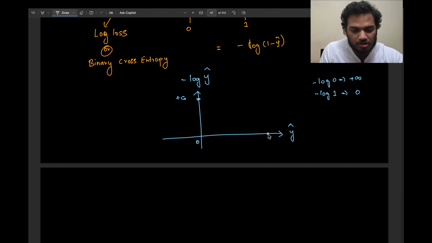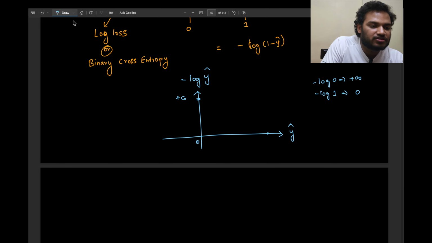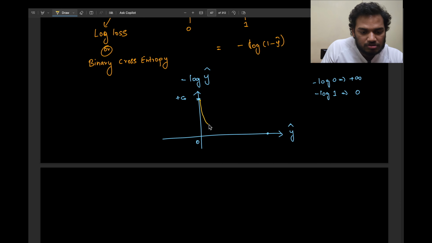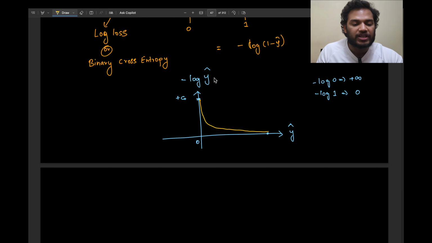That means it will be over here. So the curve will look something like this, connecting these two points. So this is our minus log y cap curve with respect to change in y cap.